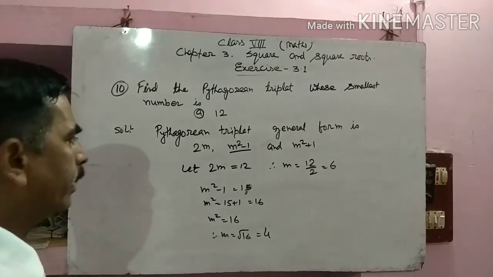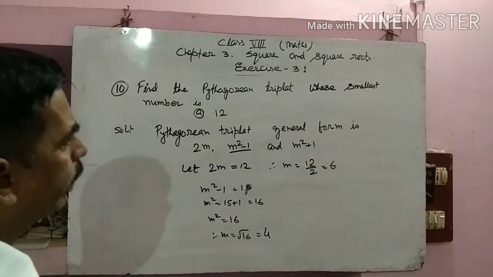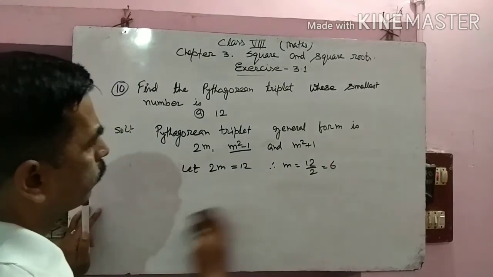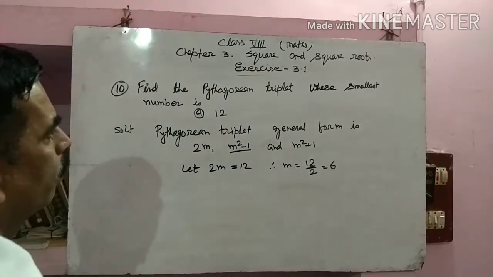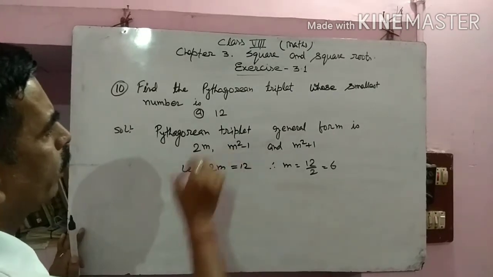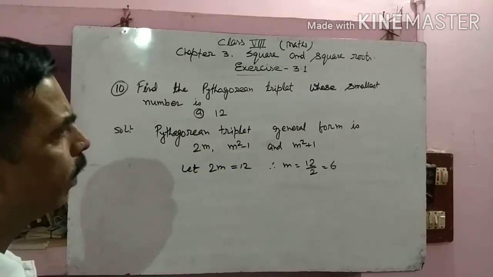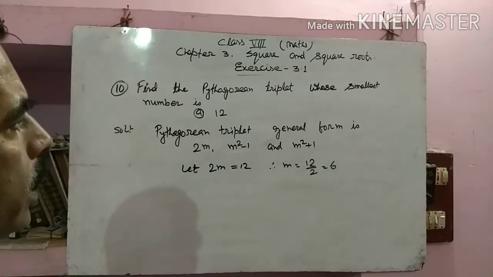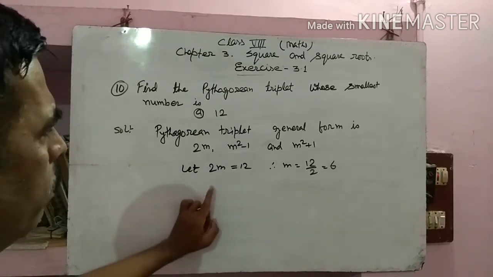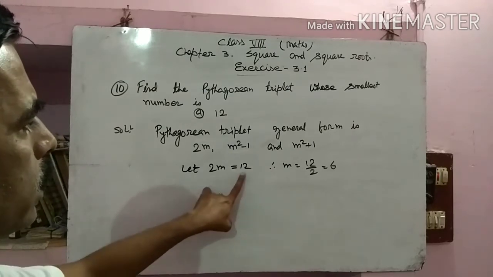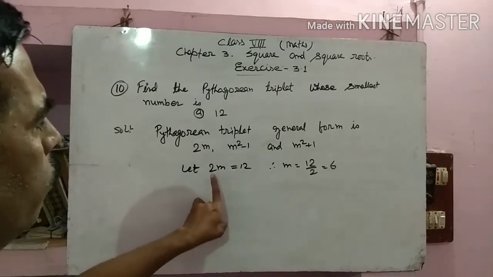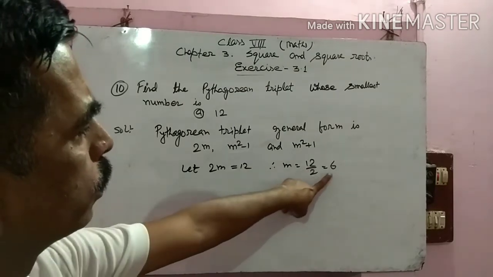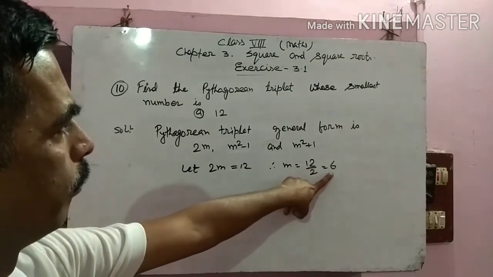So we have to check by putting the value of the number in the given three different formats. In any format we can get the value of m which satisfies the condition. Now in this question, the condition is satisfied if we let 2m is equal to 12, then m is equal to 12 by 2, which is equal to 6.